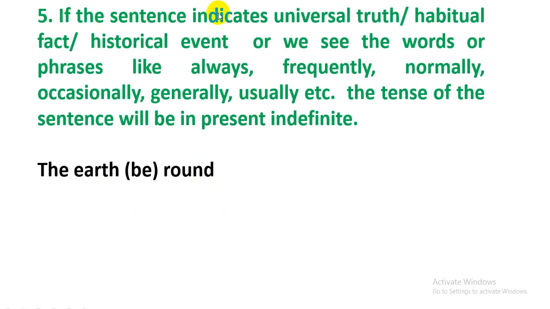If the sentence indicates universal truth, habitual fact, historical event, or we see the words or phrases like always, frequently, normally, occasionally, generally, usually, etc., the tense of the sentence will be in present indefinite. Example, the earth be round.